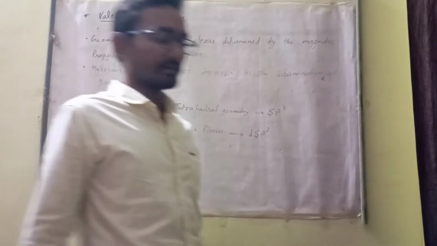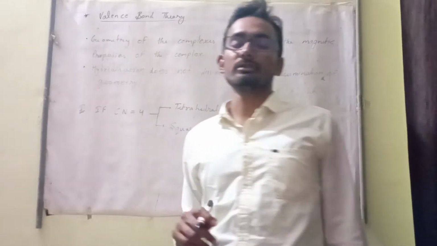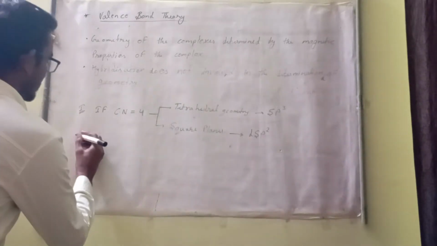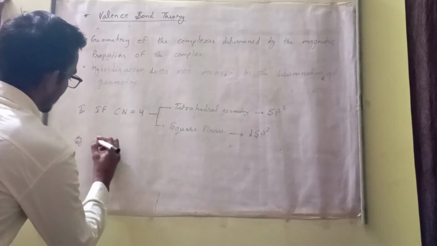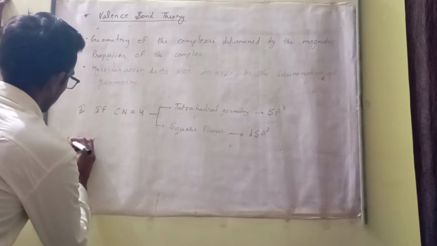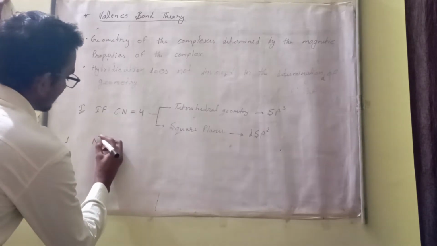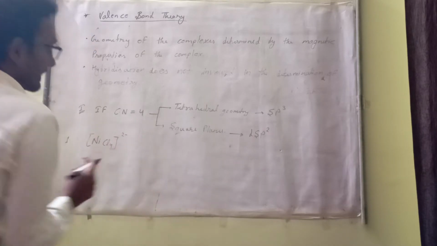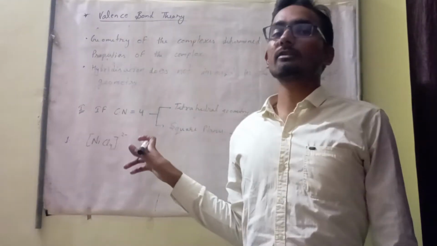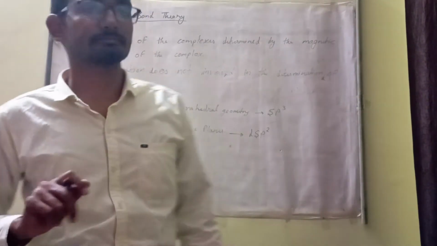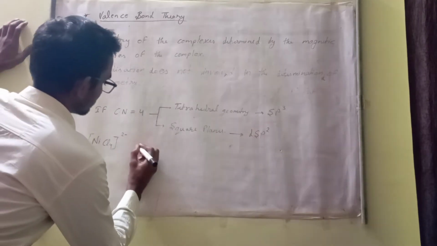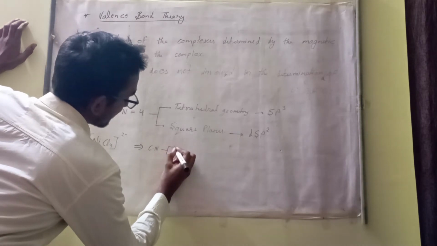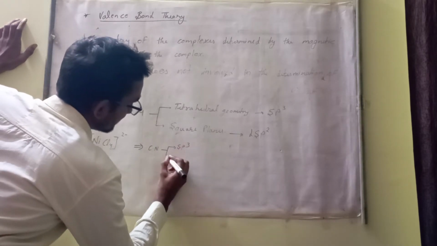Let us take an example to understand valence bond theory. The first example is NiCl4 2-. We observe that the coordination number of this complex is 4, so it has either sp3 or dsp2.